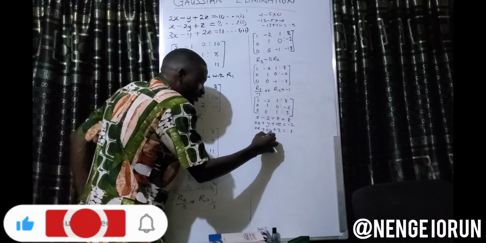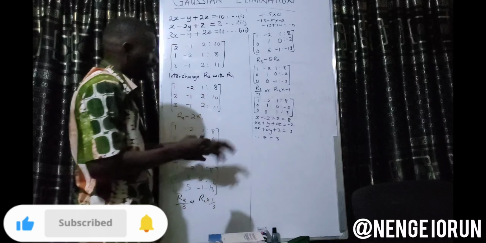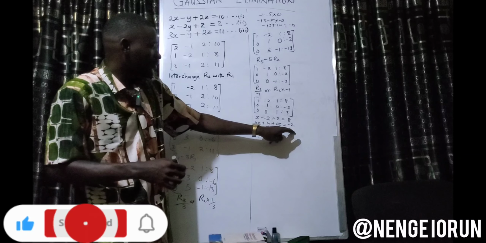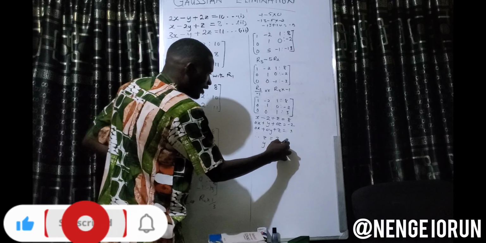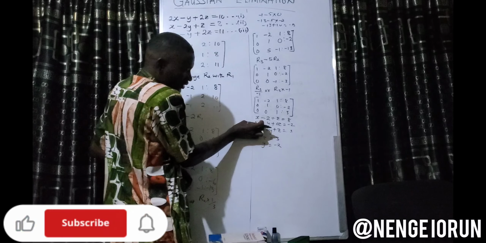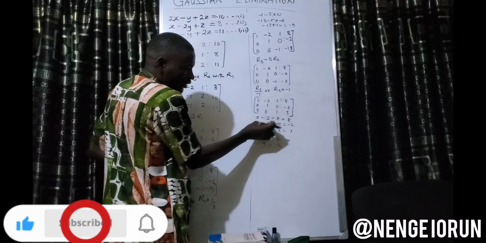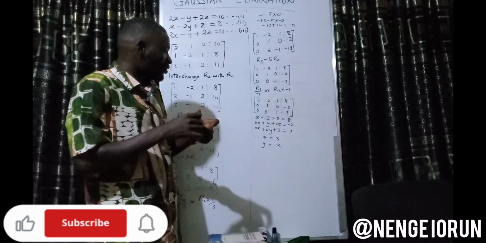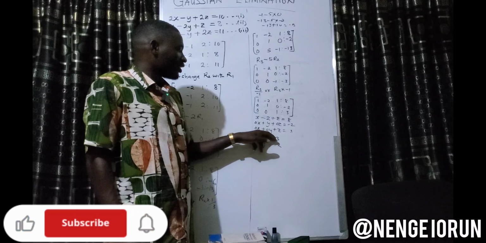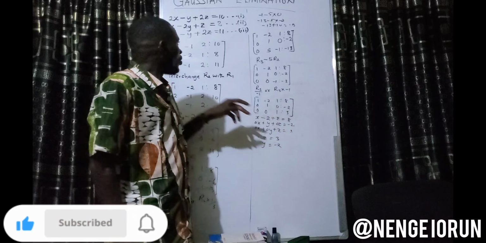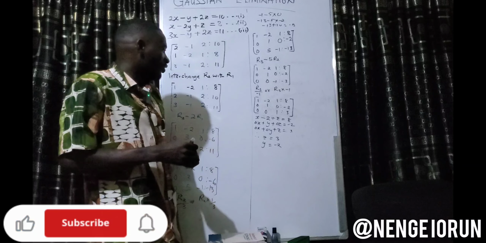Therefore, z is equal to 3. Then y is equal to negative 2, because x is 0 here. Then you substitute y equal to negative 2, z equal to 3 in any of these equations to get the value of x.